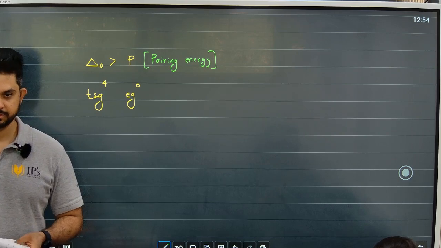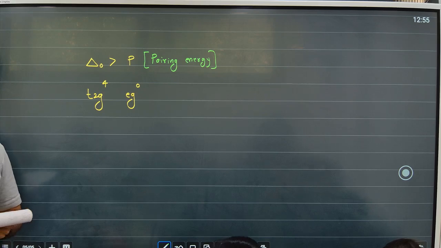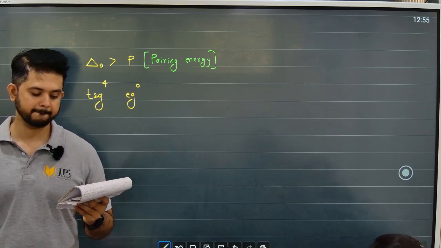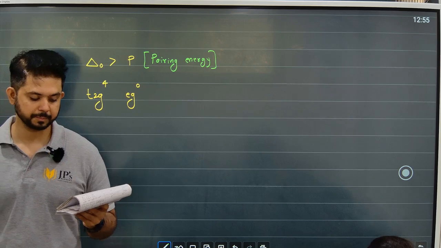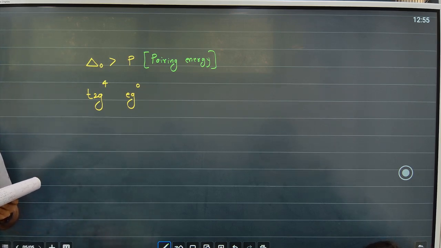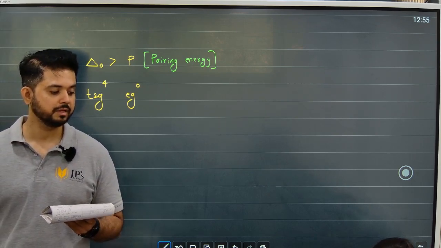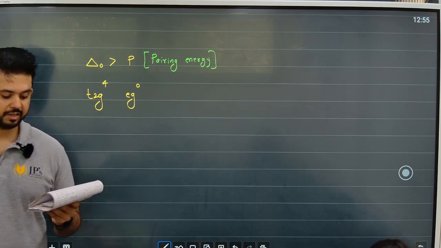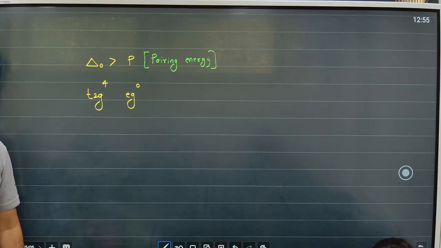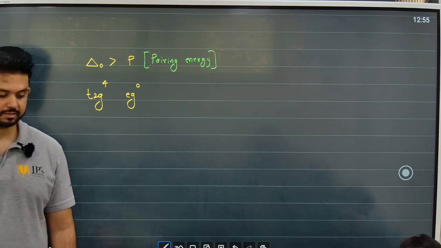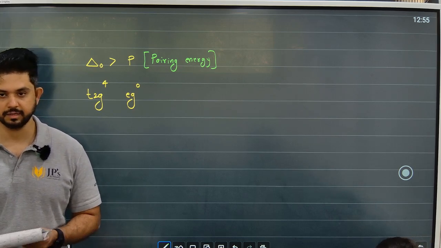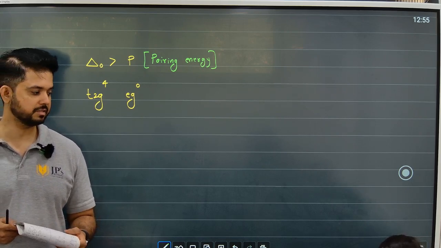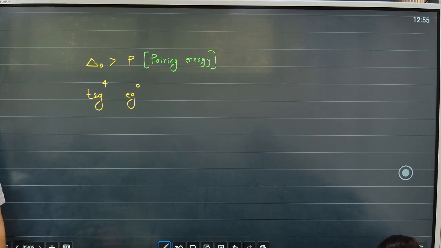Last point in octahedral complexes. In case the metal belongs to the 4d and 5d series, then all ligands behave as SFLs.